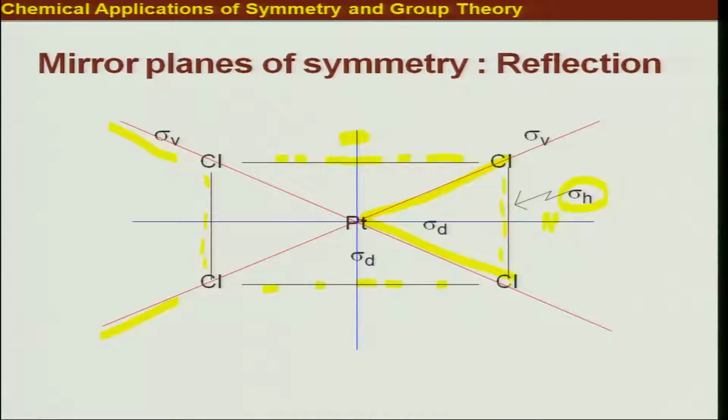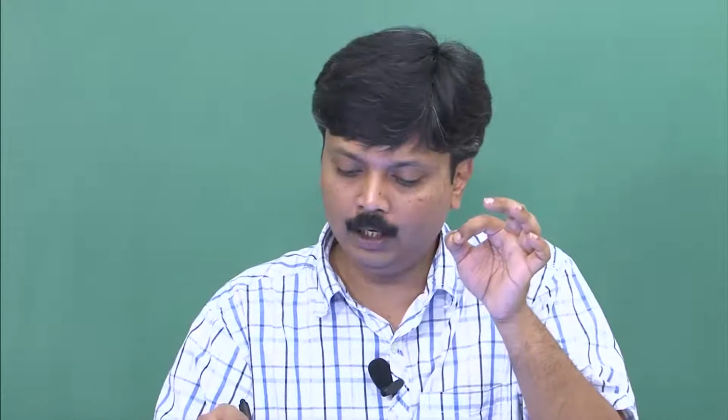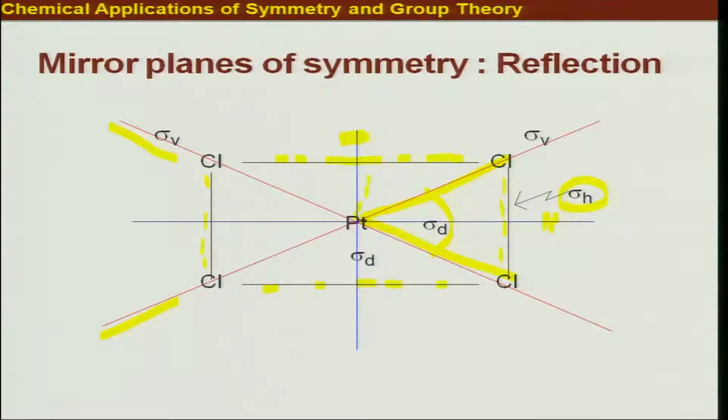As a matter of fact, this dihedral angle is also formed by the intersection of two C2 axes. The two C2 axes intersect, and with the principal axis of symmetry you form the same dihedral angle. If you imagine this is C4, then this dihedral angle is the one we are talking about, and the sigma planes shown in blue bisect this plane. Similar is happening in this particular case also. So these two are sigma d planes.